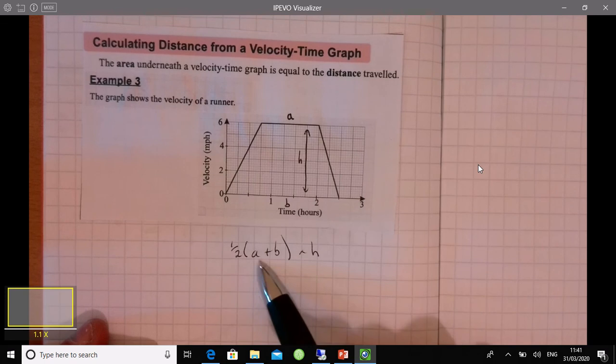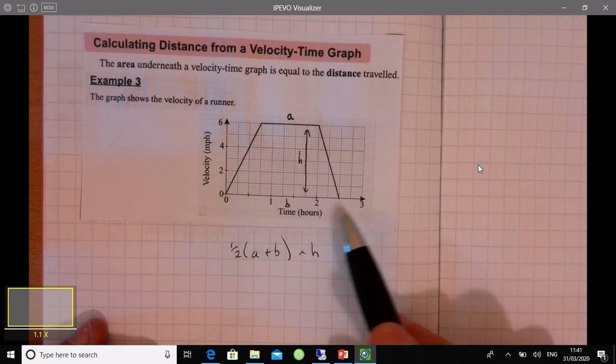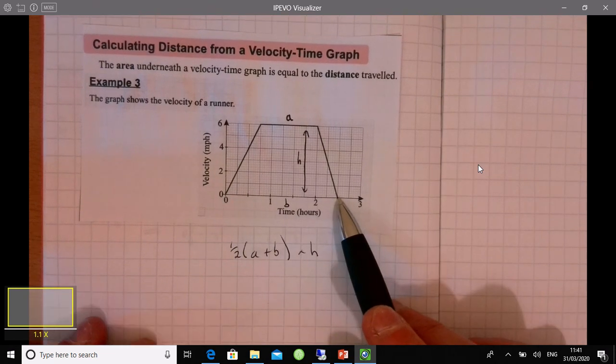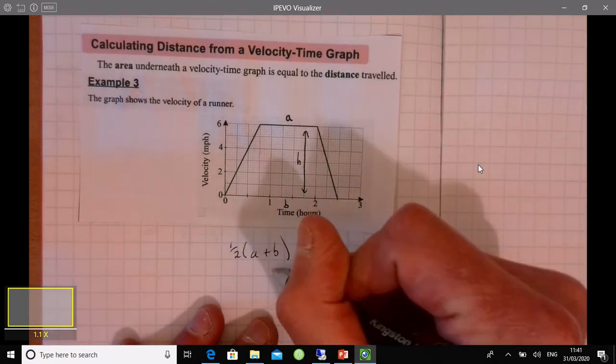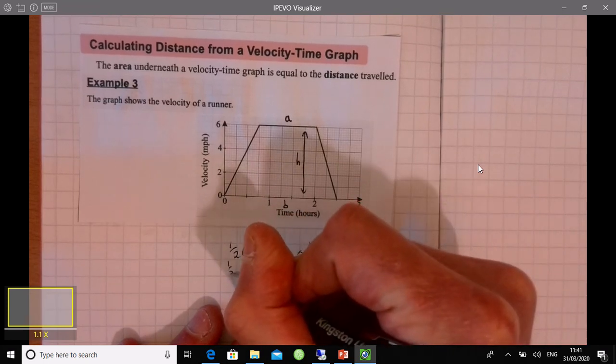So if we just go and sub in our numbers in here, so B is 2.5. We can see just there. I'm just putting in all the easy bits first, the things I can see without even thinking about them.